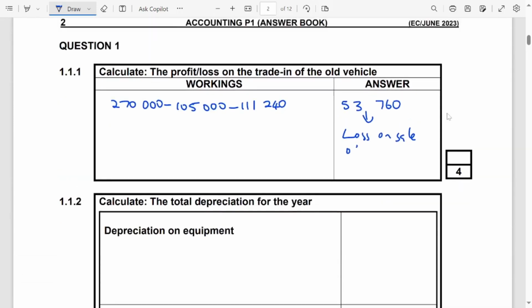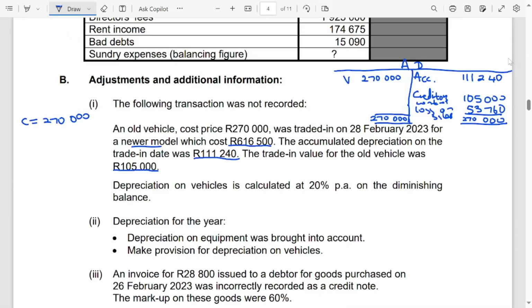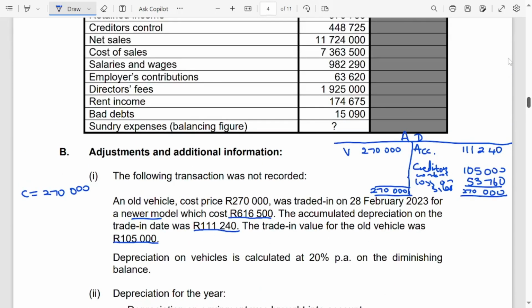So while we are still there, we did a trade-in, right? The trade-in value is 105,000, so we have to decrease the creditors' control with this amount. But before we do that, we must also increase it with the 616,500, because the creditors' control is supposed to increase with this amount since we are buying a new vehicle. But because there's a trade-in value, they are going to increase with a lower amount.